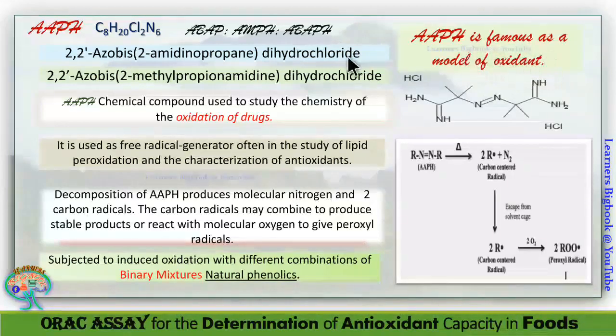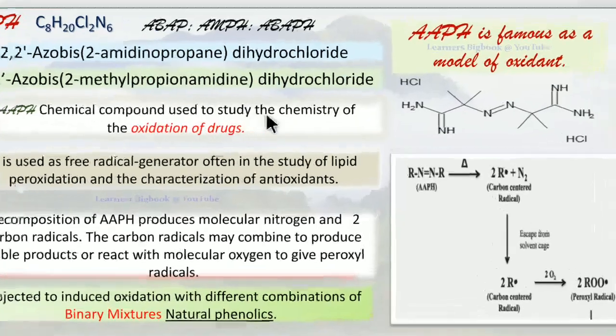So here AAPH has chemical names, which are available in two forms, like this: 2,2'-azobis(2-amidinopropane) dihydrochloride, and 2,2'-azobis(2-methylpropionamidine) dihydrochloride. Further, AAPH is the chemical compound used to study the chemistry of oxidation of drugs.